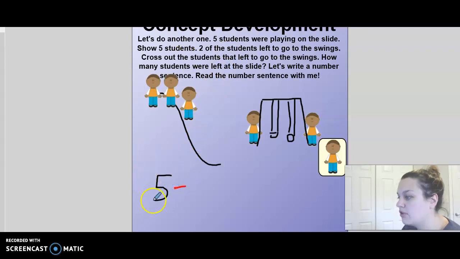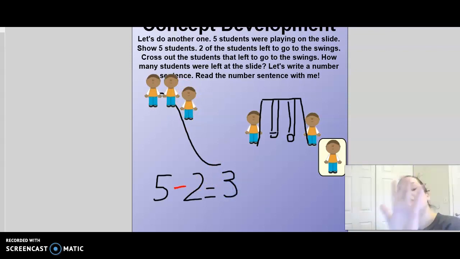So 5 minus 2 equals these guys right here who are left on the slide. 1, 2, 3. And you can always check your work with your fingers. So 5 minus 2, so I put 2 fingers down, equals 1, 2, 3. Okay, great job. If you got that, if you didn't, it's okay. We're going to keep practicing.